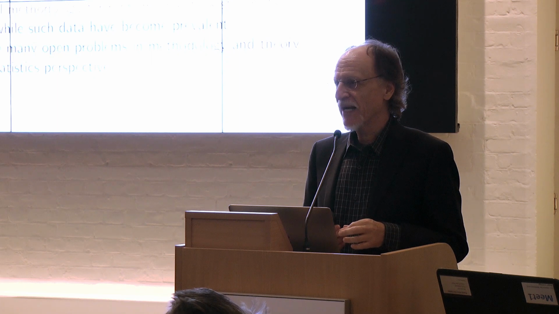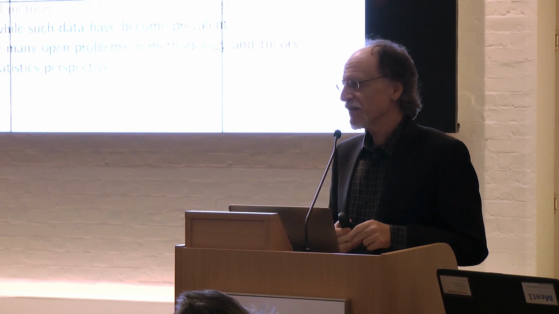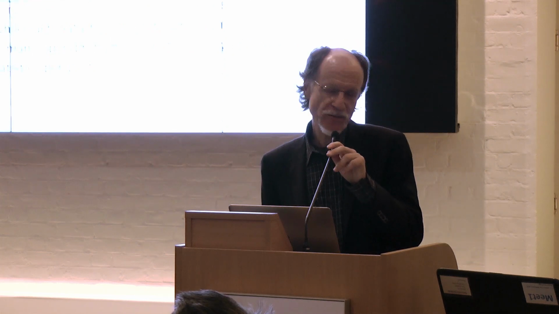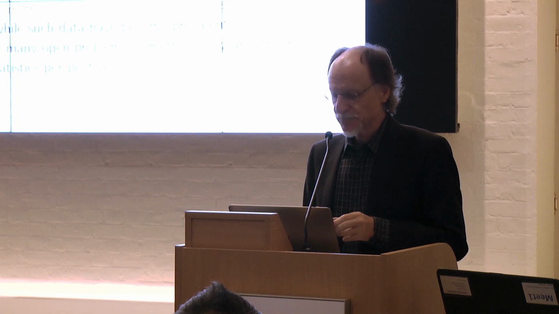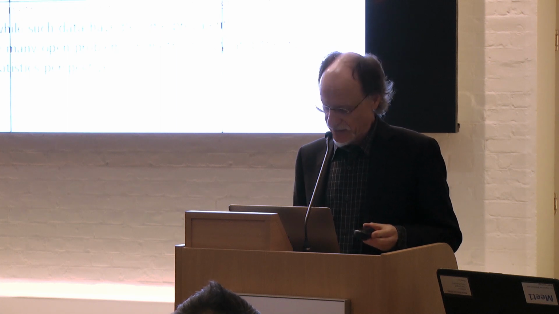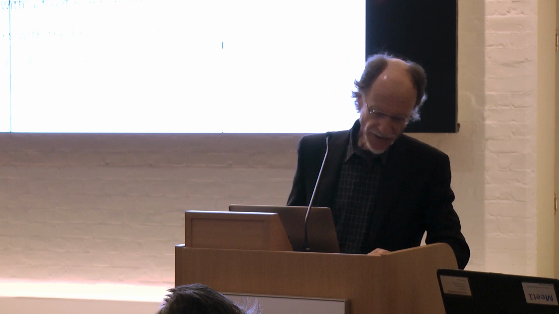There has been some work in machine learning on this. However, the emphasis there is somewhat different, less on inference or interpretation of data and more on prediction. So I think this is a rich area for statisticians to get involved in due to the many open problems.